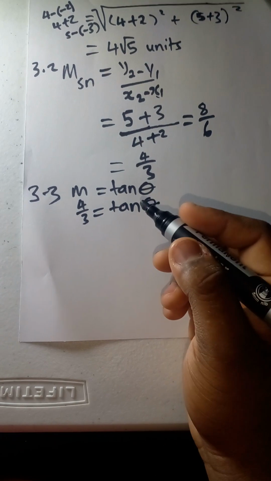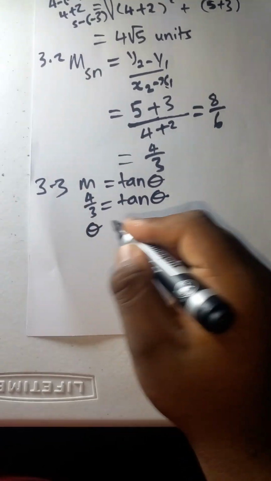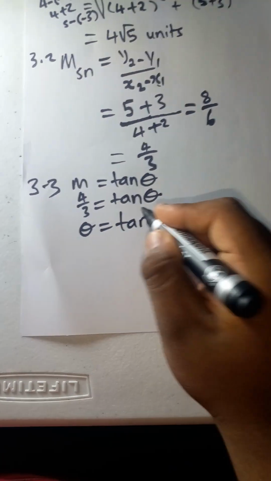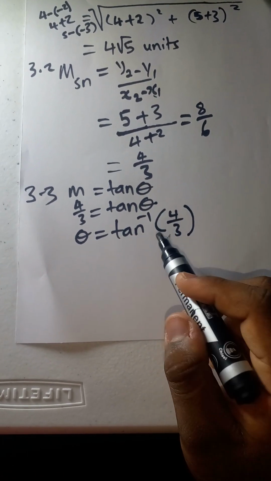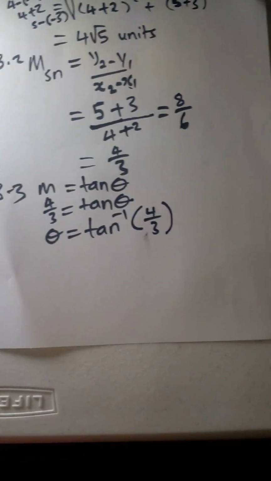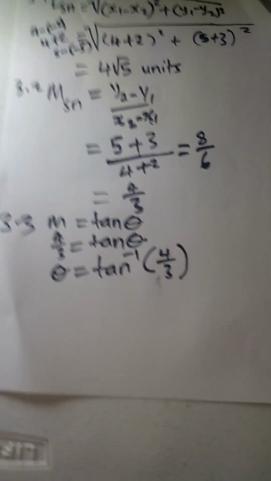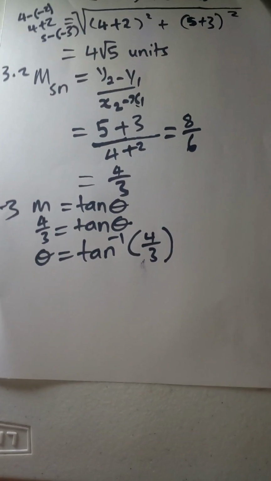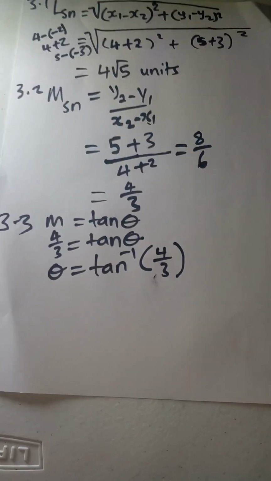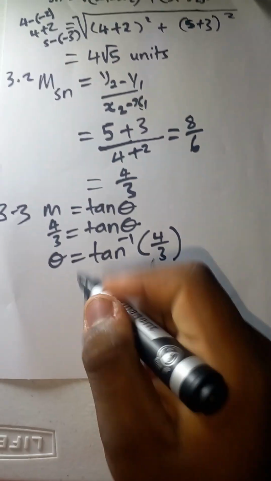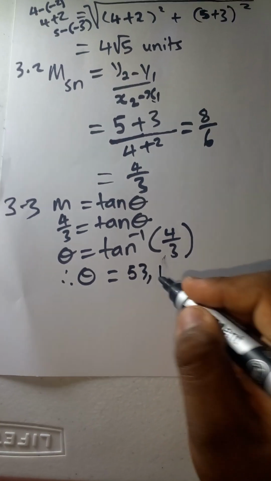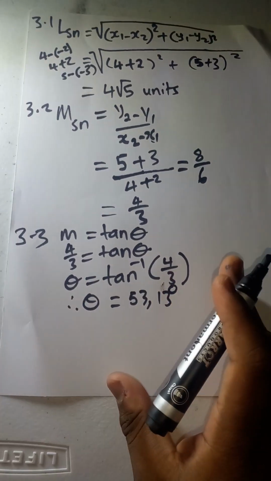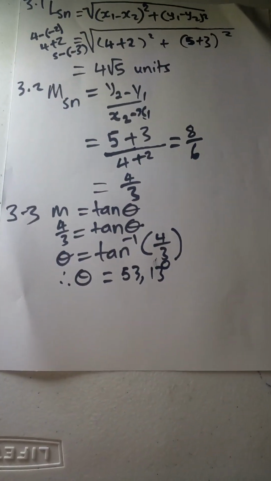For you to get theta, you simply say theta equals arctan of 4 over 3. To punch this, make sure you punch arctan by pressing shift and then tan. Is it fine? Then my theta is equal to 53,13 degrees there.